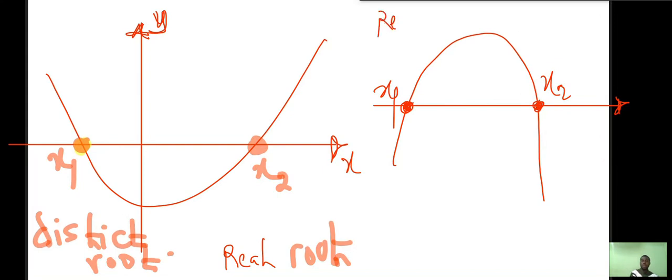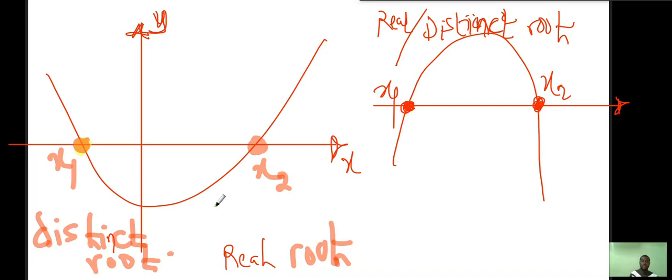This is also real, or what we call the distinct root. Distinct. Sometimes it's funny, some of these words just get stuck in the spelling.